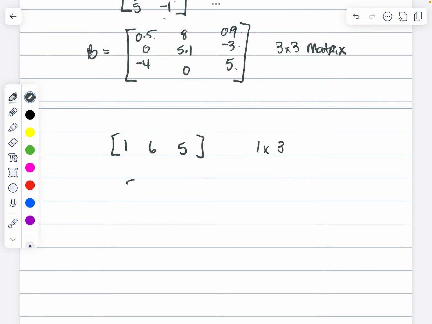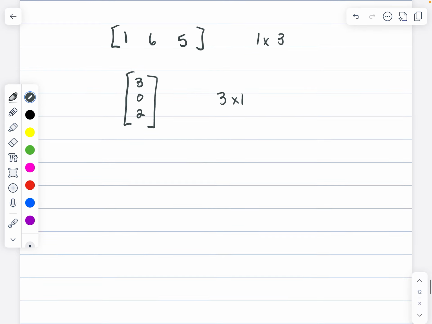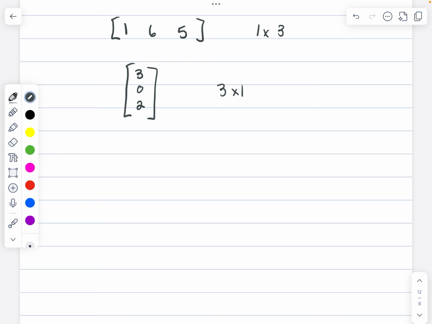A column vector will look something like this. It has 3 rows and 1 column, so we would call it a 3 by 1 matrix. So let's talk about matrix equality real quick.